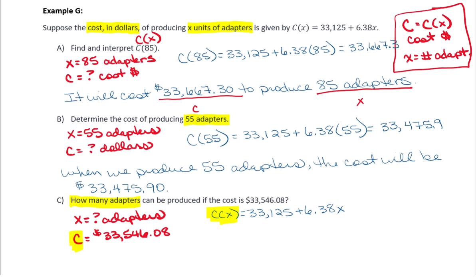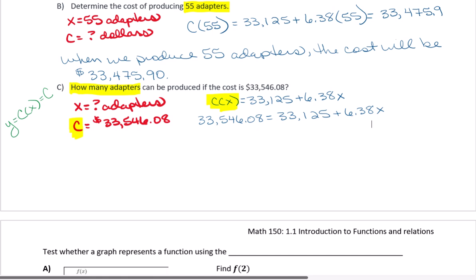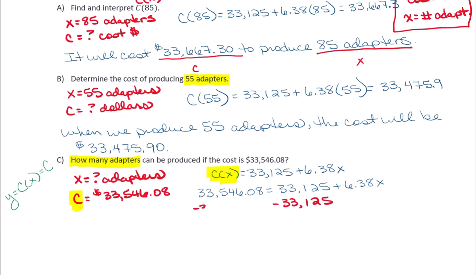So you might want to write yourself a note. The y is the function notation, C of x, which can also be represented just by the function value of C. So we're going to plug in that dollar amount for the entire left side. So now we have an equation that we have to solve. Let me scroll up again a little bit more so we have room. We are going to subtract the constant from both sides.